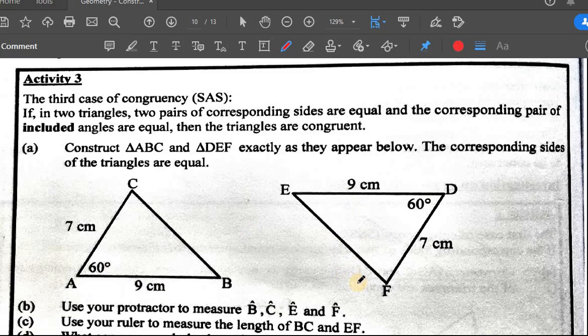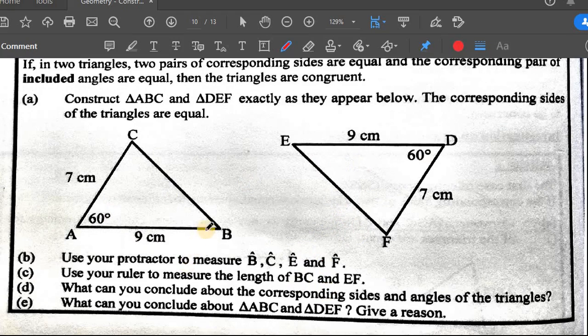Then they can ask you to measure angle B and angle C. You will see that angle B is equal to angle E, and that angle C is equal to angle F. When you draw this and measure using your protractor, you will see that these angles are equal.